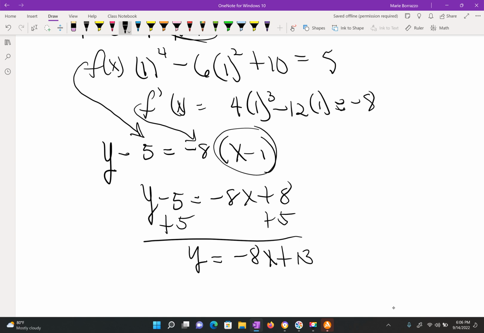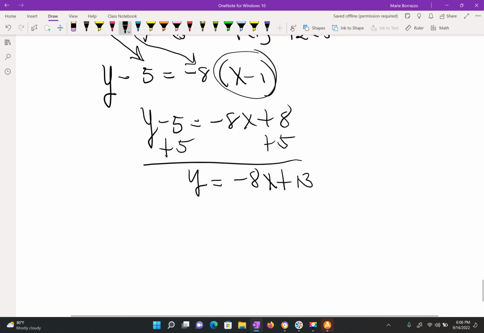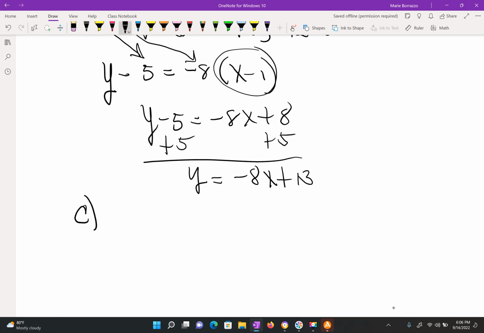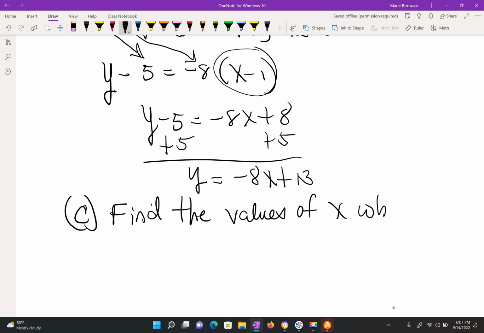Now, because the first derivative tells us the slope of that tangent line, we're going to use that in part C, where it says find the values of x where the tangent line is horizontal.